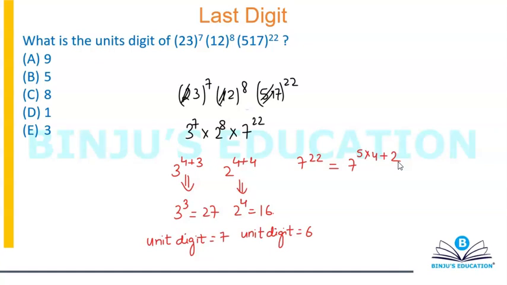Now after you are done with 5 complete cycles, in the 6th cycle you'll only travel to the 2nd position. That means 7 to the power 22 is going to have the same unit digit as 7 square. Now how much is 7 square? It's 49. So what's the unit digit? It's 9.